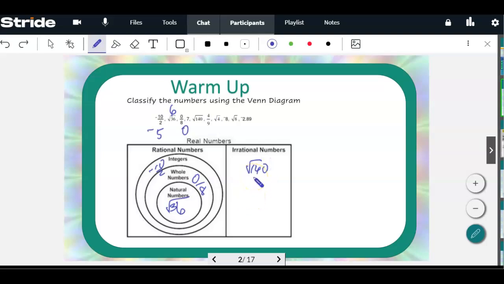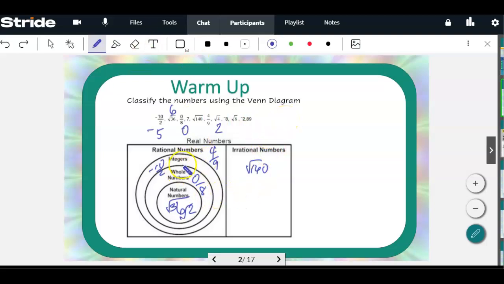So this is the square root of 140 over here. 4/9. Okay, so that does not simplify. It's not a natural, whole, or integer, but it is a rational number because you can write it as a fraction. Square root of 4 can simplify to 2. So that's a natural number. So it's also a whole number, integer, all of those. Let's look at -8.